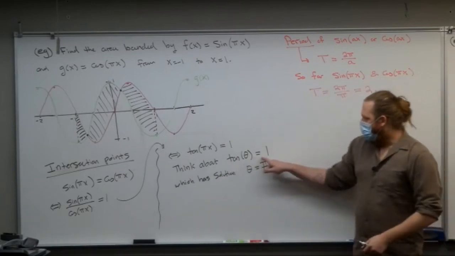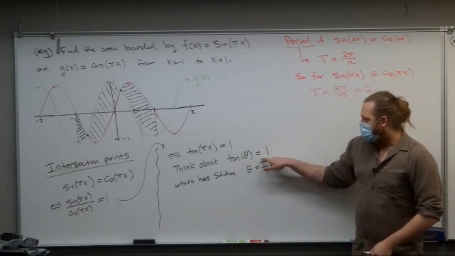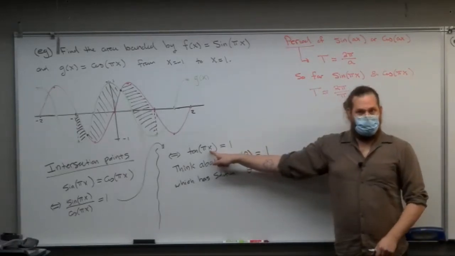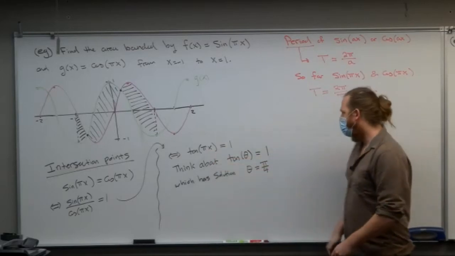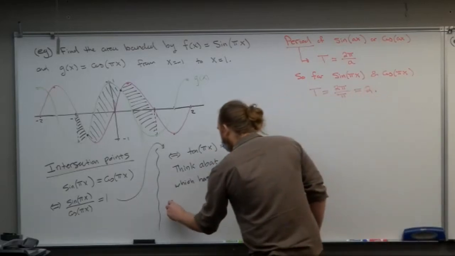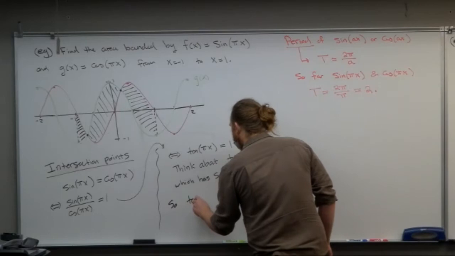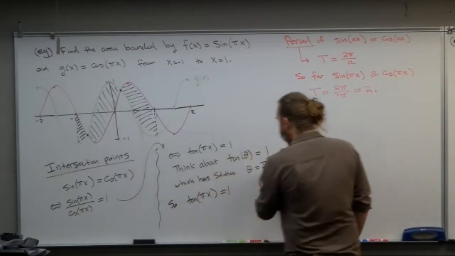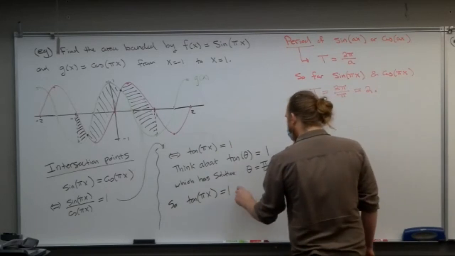So if tan theta is equal to 1 when theta is pi over 4, that means tan pi x is equal to 1 when pi x is equal to pi over 4, right? We need the inside of the tangent function to be equal to pi over 4.